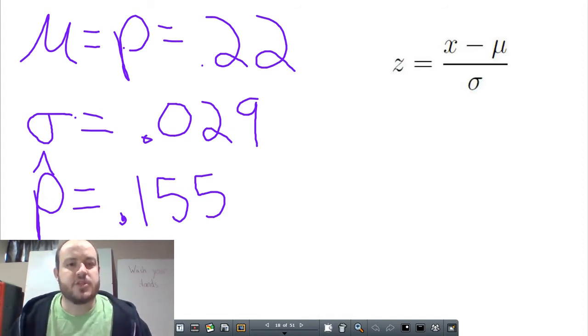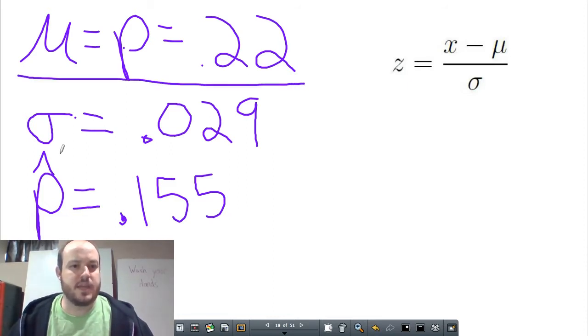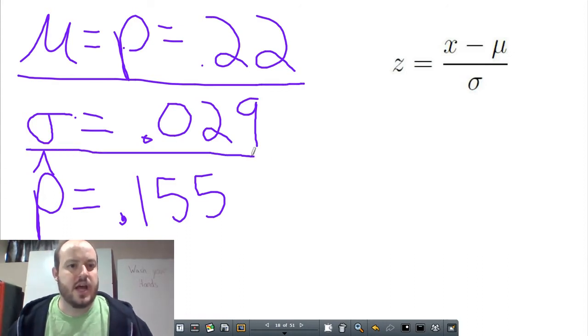Up here at the top, you can see the mean was 0.22. That came from the 22% of women in the population reported to be 25 or higher. This right here was the standard deviation that we found using our formula.